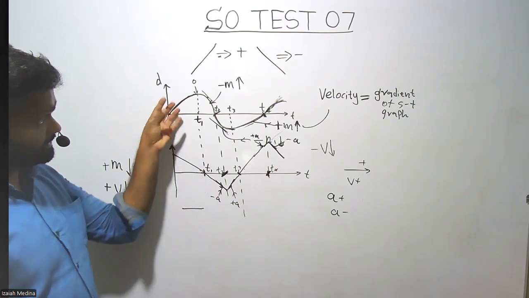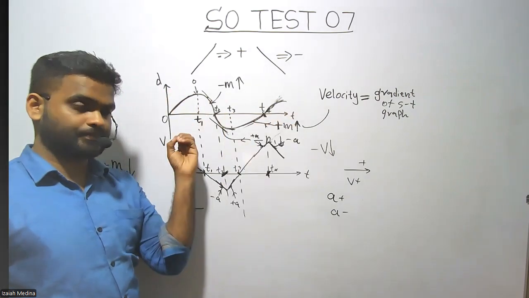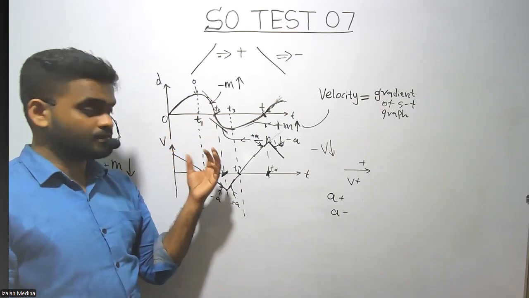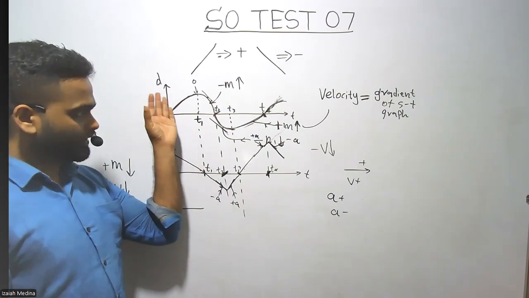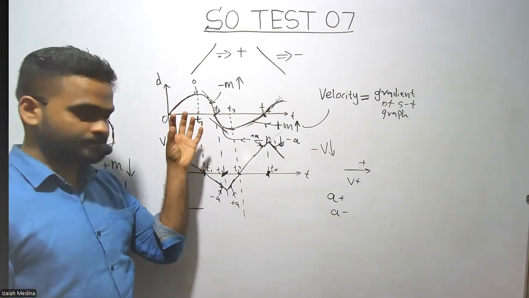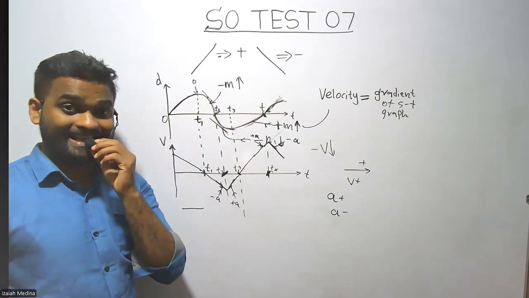So think about this now. If you think only using displacement time graphs, it is going to be very complicated, right? If you have good practice in dealing with graphs, you can do it using a displacement time graph as well.